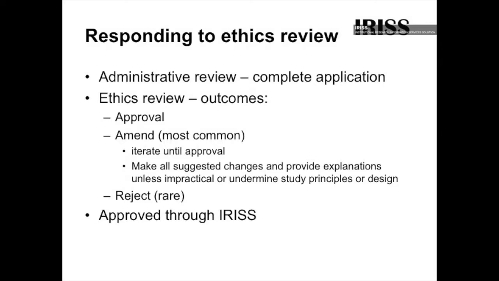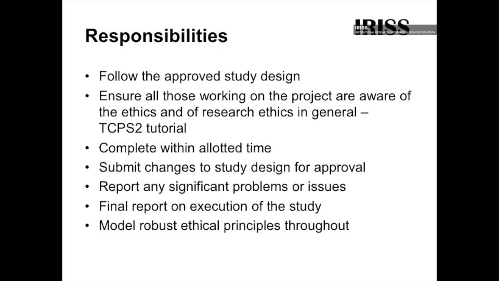If you feel that a change is quite inappropriate or impractical and will undermine the study, then you need to provide a robust description and case for why you are not going to meet that, and that still has to satisfy the REB before you can proceed. Sometimes studies will be rejected; it's rare, but it is possible. The approval also goes through the IRIS system at the University of Calgary.